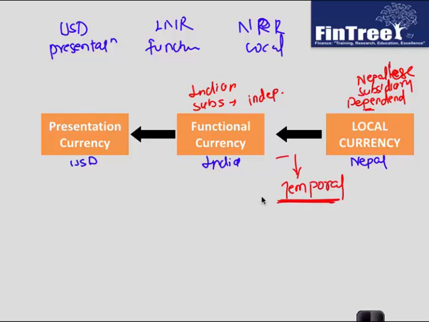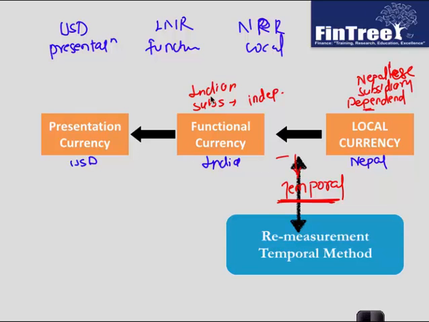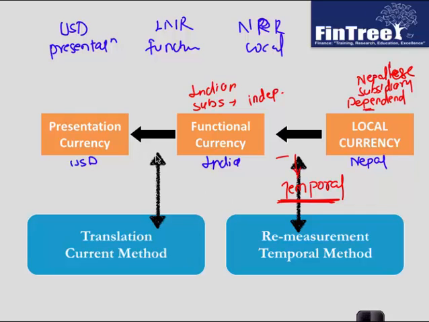So once you think of this as a quasi temporary conversion, it becomes very easy to think from the interest rate perspective. And once you convert the Indian subsidiary to US, then this is kind of a permanent conversion. So here the method that we use is the current rate method.